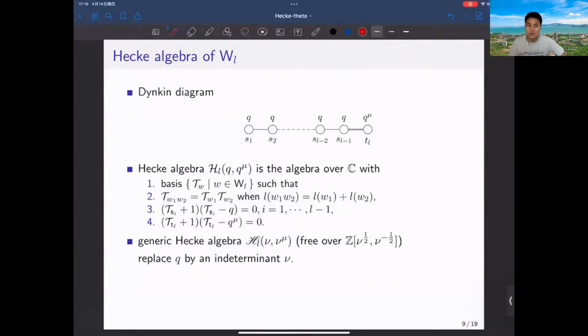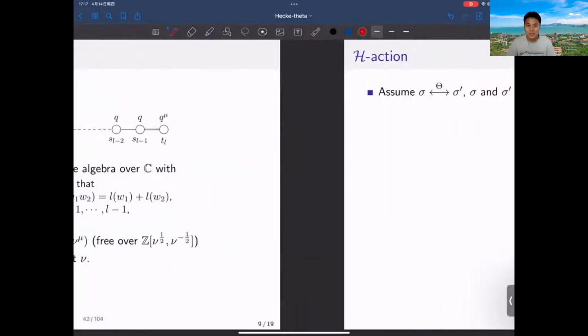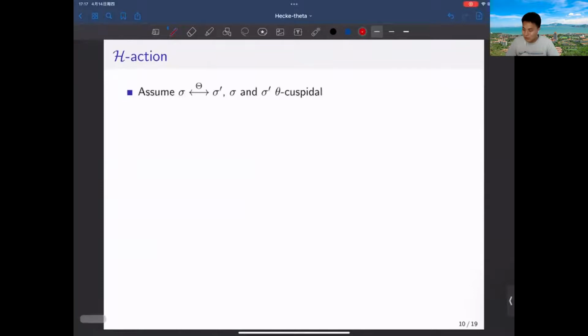So the fundamental theorem is telling you that you can have some kind of globalization of a Q representation to this generic Hecke algebra, and then you will have an equivalence of categories in a reasonable sense.